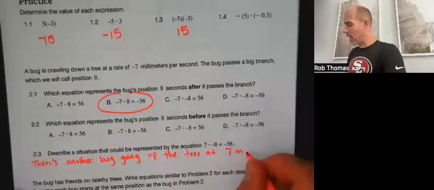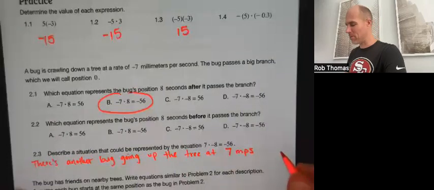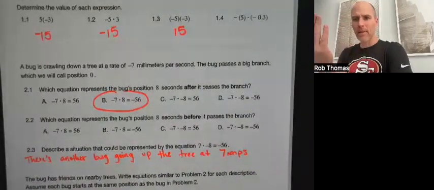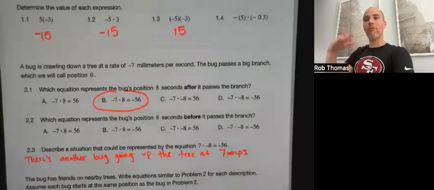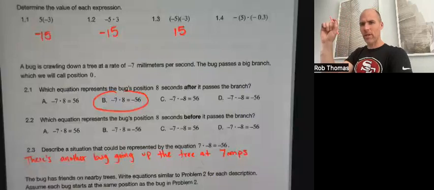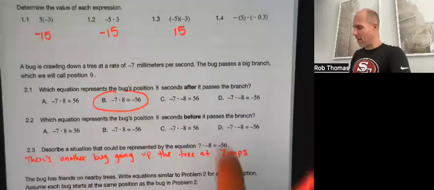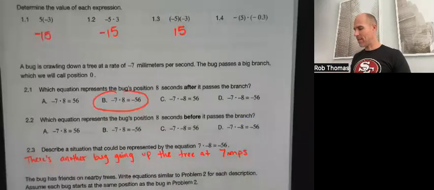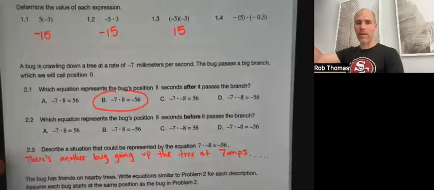I'm just going to write MPS. That's actually, I guess millimeters should be mm, because M is just miles. So maybe MPS. Okay. And then -8, that would be before he passes that branch on the tree. There's this branch on the tree that we're considering 0 or whatever, according to the original question. So if we have -8 seconds of time, then we want to know, where is this bug 8 seconds before he passes? And then describe what the -56 means there. Okay, so this is like half of an answer, and I want you to finish it from there.